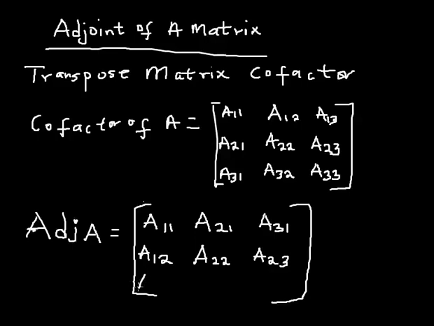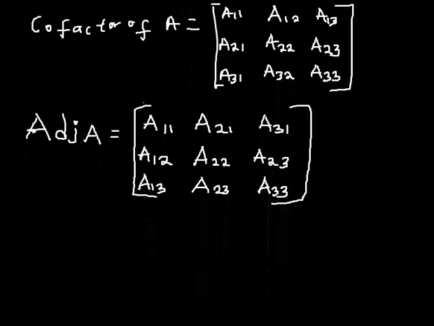So now that's going to be A13, A23, then A33. So that is how we evaluate the adjoint of a matrix. So please take note of that.